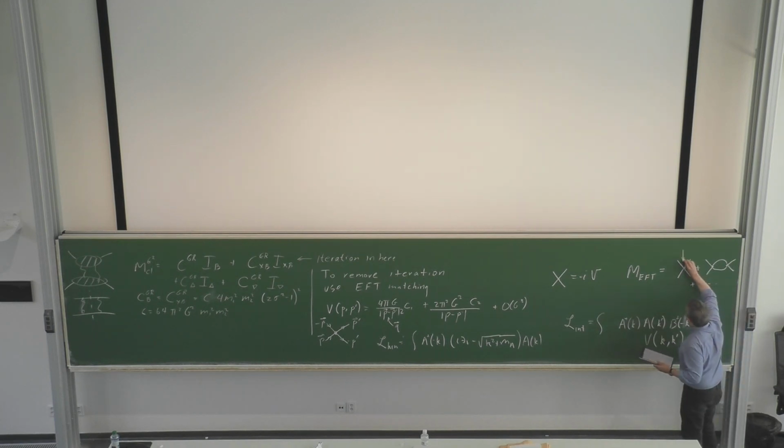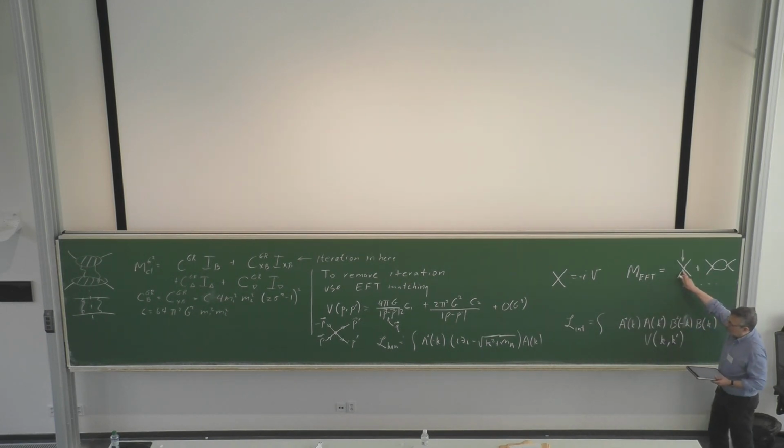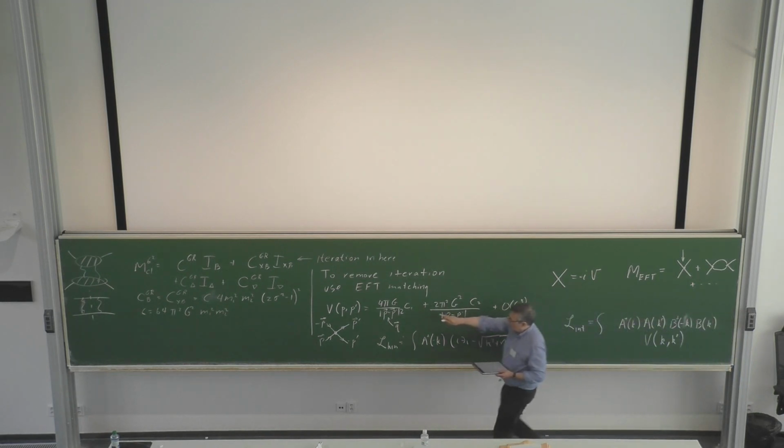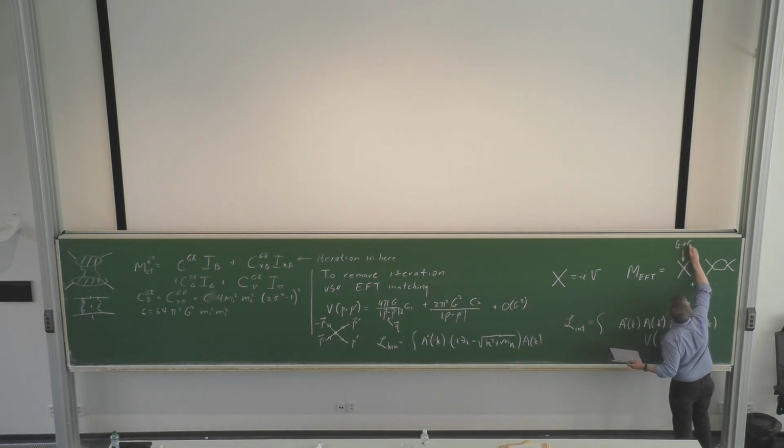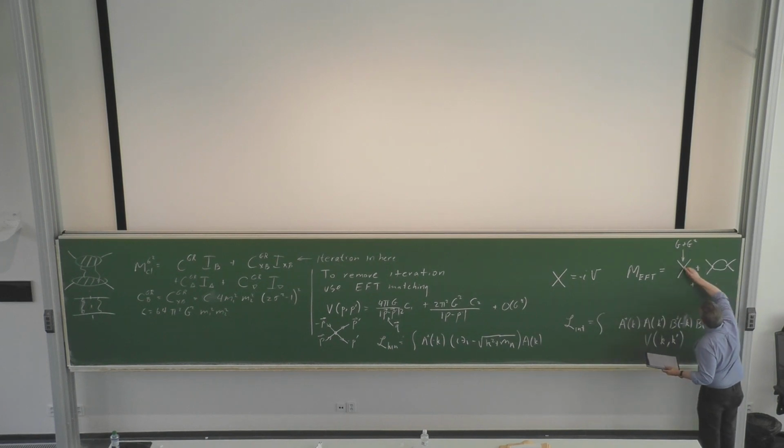Now, one thing you have to be aware of: this is the potential, and the higher order terms in G are included in here. So inside here is G and G squared. There's one potential here, and a potential here and here, so it's two potentials. So here I only need the G term.